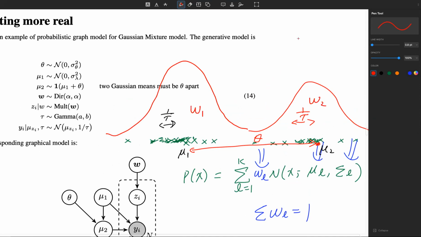So maybe this weight is greater than that. So they might not be the same. I'm just going to say more generically that they don't have to be the same, so it can go either way. So you understand the problem that we're trying to model. And all of these parameters, they are random variables.